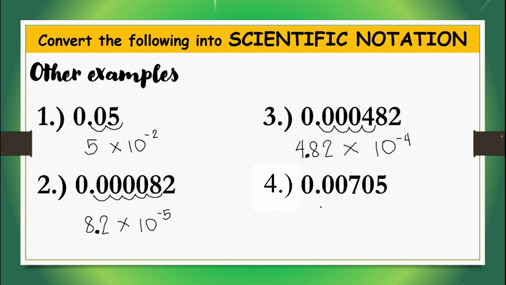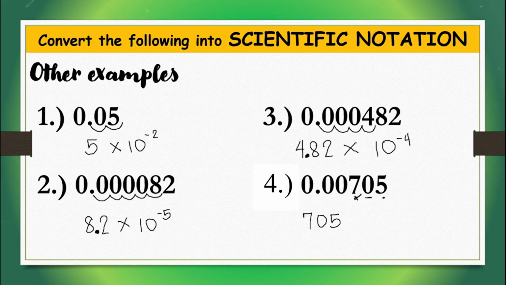And for the last one, we have here leading zeros that are not significant. But there is a zero between two significant digits, and therefore the 0 in here is still significant. So we have 7, 0, and 5. Now let's identify the first significant digit.